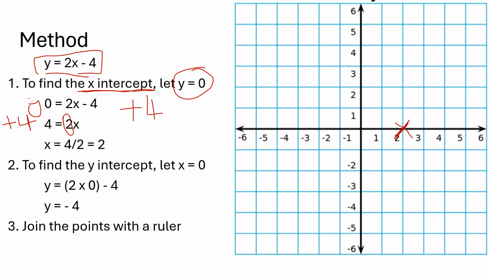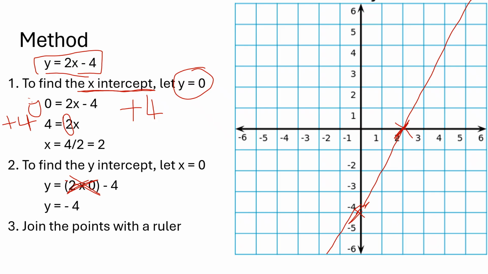So we have y equals 2 times 0, which is 0, minus 4. So it's going to just be minus 4. And then we can now join those points. Be a lot neater if I used a ruler, obviously.